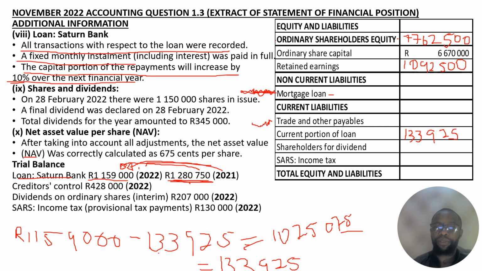That will be our long-term loan. Our long-term loan is 1,025,075. So we are done with our long-term loan.